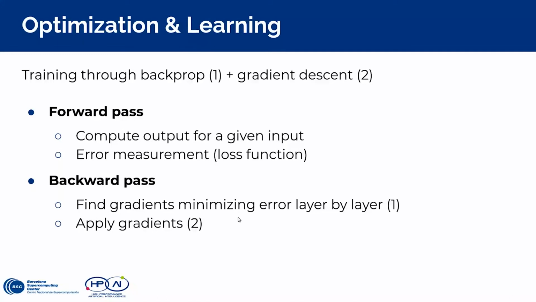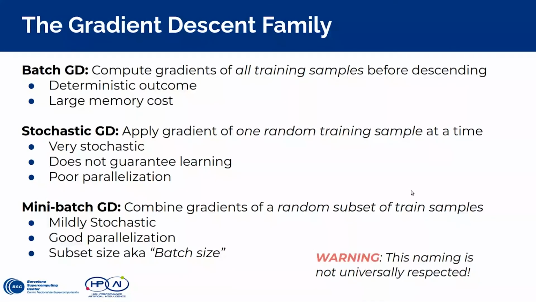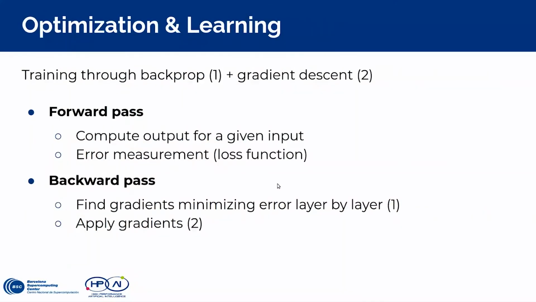We can modify the network so that the next time it sees this particular sample, it will produce less error. Maybe not a 0 error, but it will improve. So we apply the gradients to move the weights towards a position in which the error will be minimized. So this is very simply how it works. The forward and backward. Essentially, training a neural network is just a bunch of forward and backward passes.